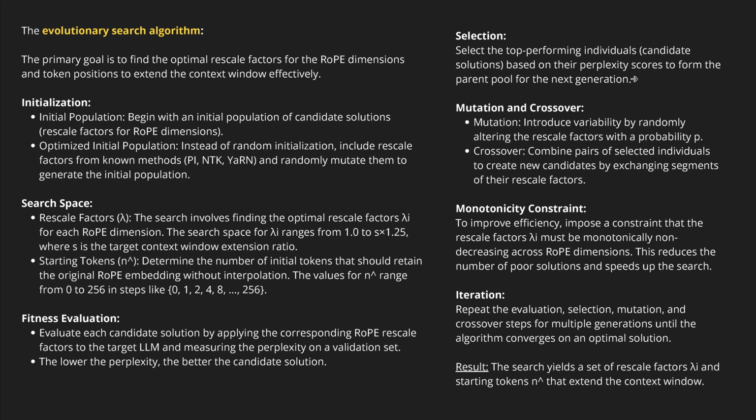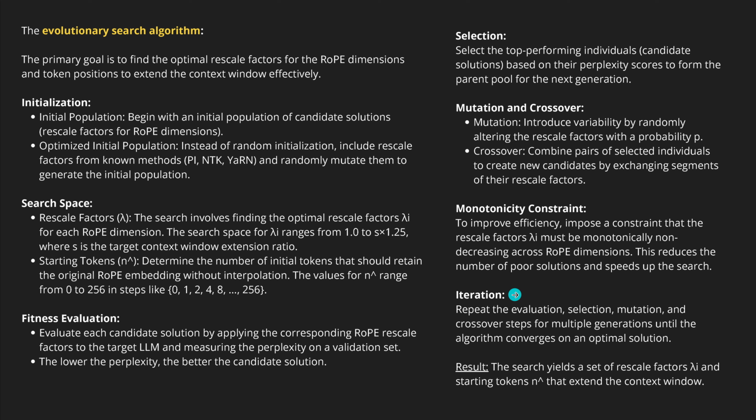They go with perplexity as the main indicator to form the pool for the next generation of optimization. They do some mutation, some crossover. You combine pairs of selected solutions that work and you say, hey, maybe if I shuffle them around, I find a better solution. You have some constraint on the system, like I formulated here.